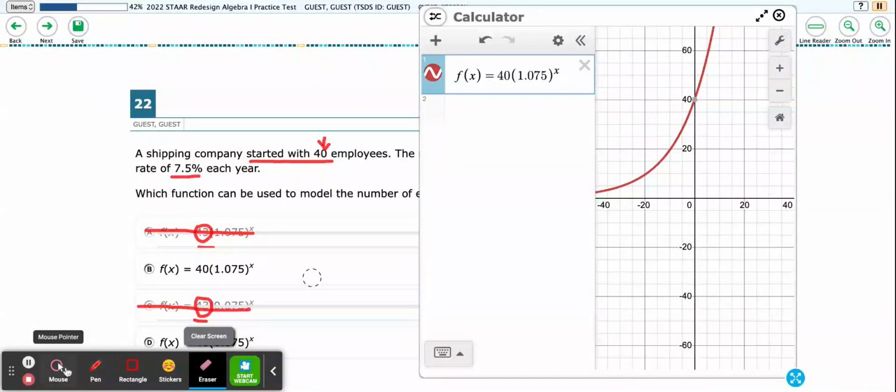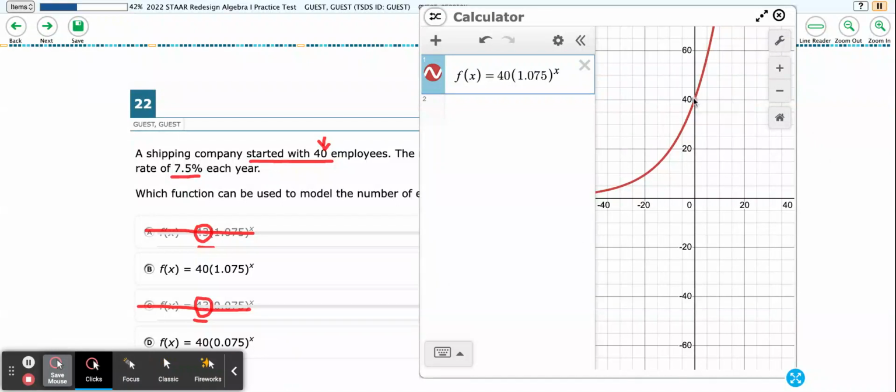Notice that 40 is where it crosses the y-axis, excuse me. So that's my y-intercept. And this looks like it's increasing from left to right. As a matter of fact, this shows exponential growth.